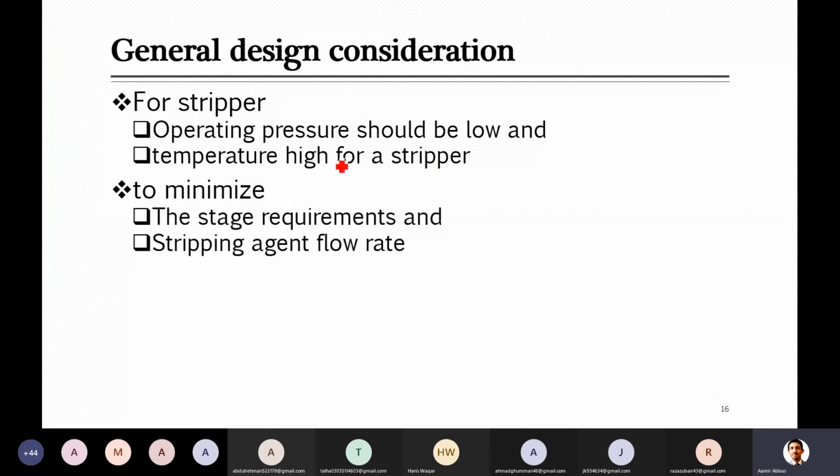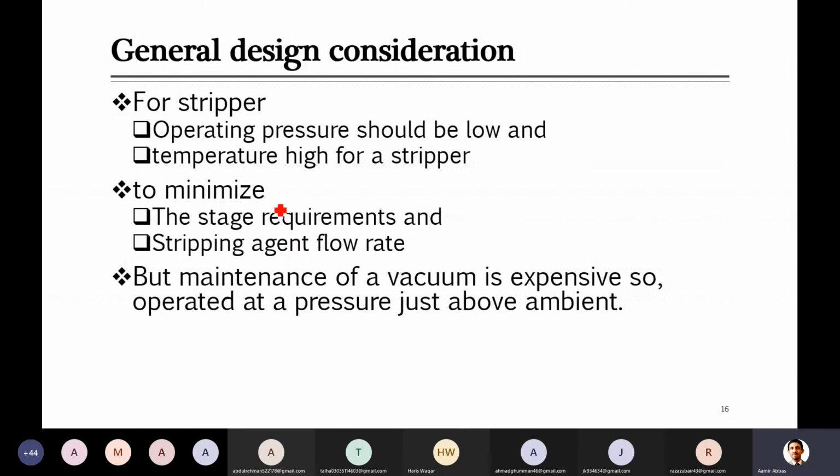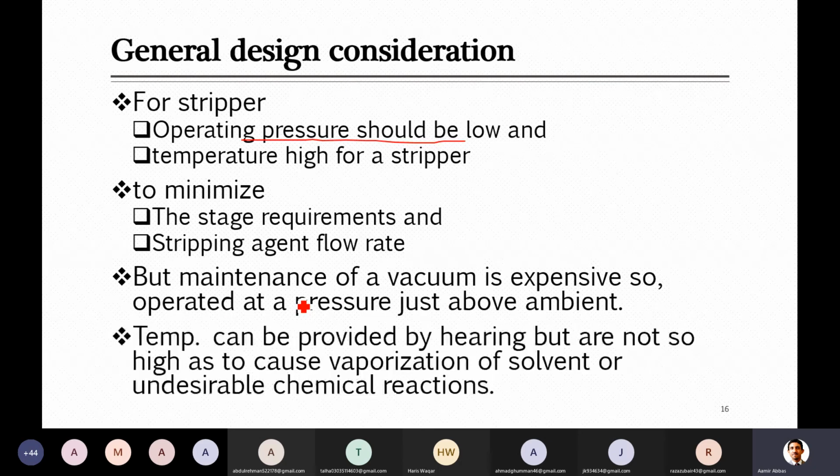So when you can adjust it with the pressure and temperature, your stage requirement will decrease, as well as the stripping agent flow rate will decrease, similarly to what we have seen in the absorption case. But again here, the operating pressure should be low, and to reduce the pressure, vacuum is expensive. So we usually operate this column at ambient pressure, and the temperature can be provided by heating.